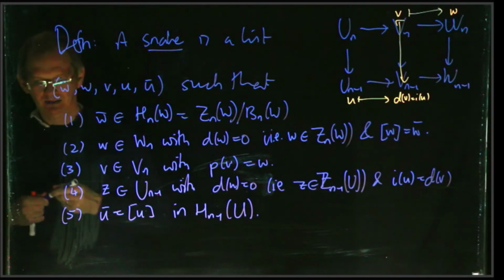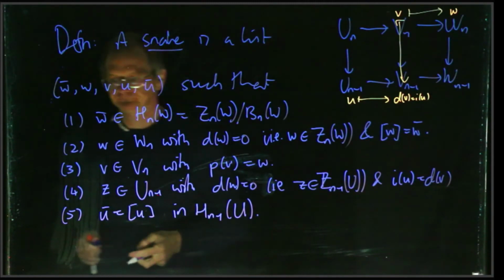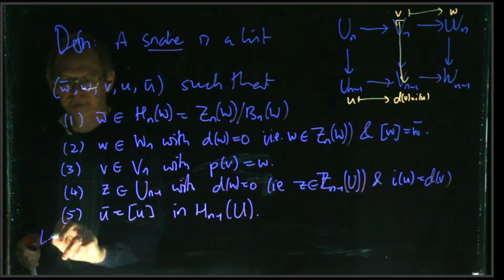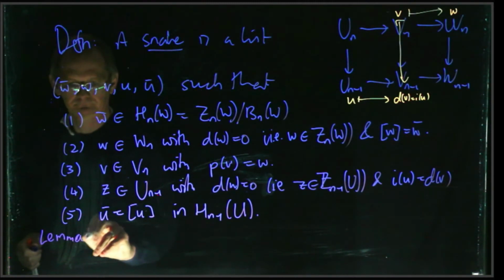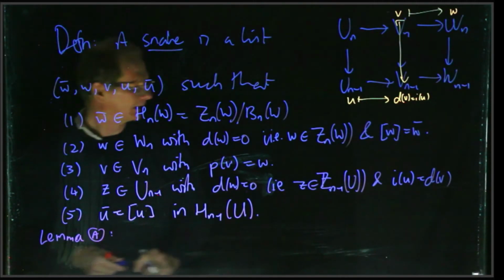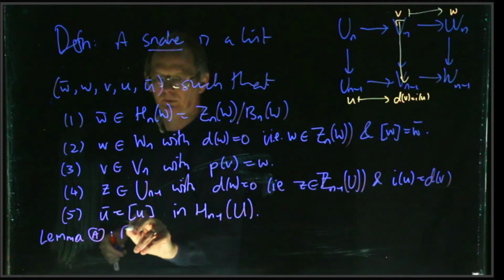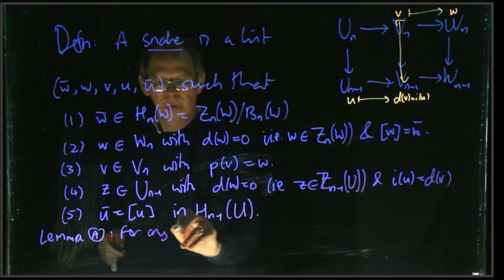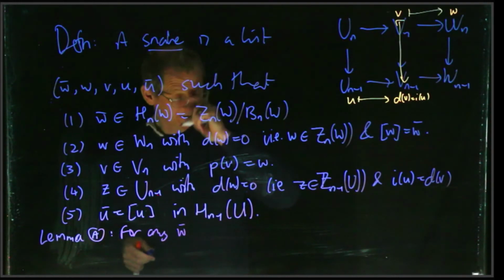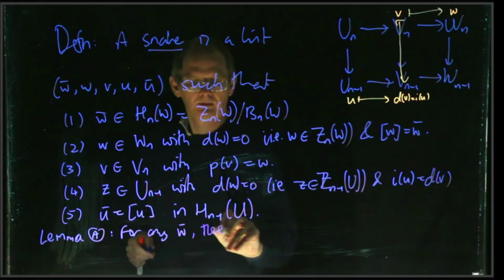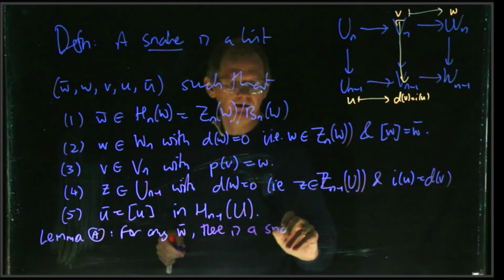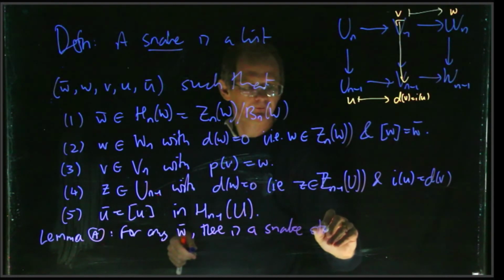And so we're going to prove two lemmas. So firstly, for any W bar, there's a snake starting with W bar.